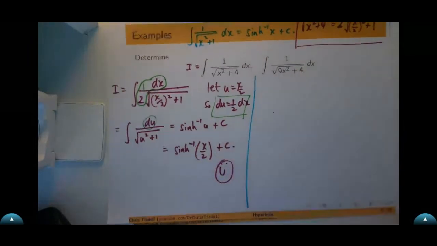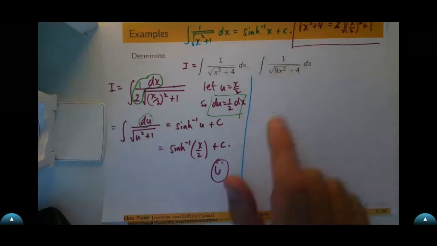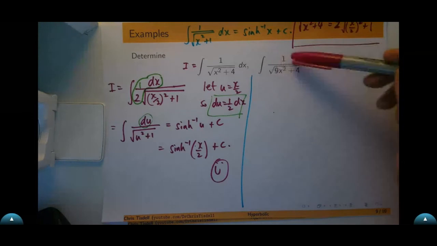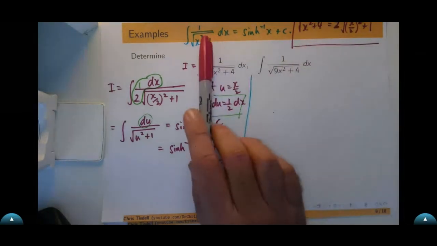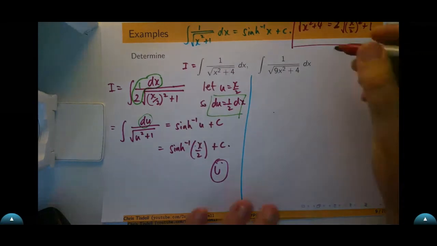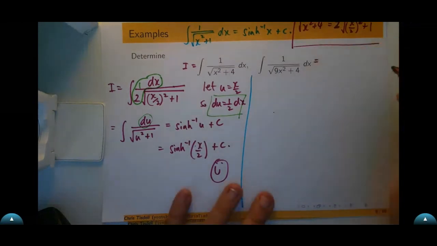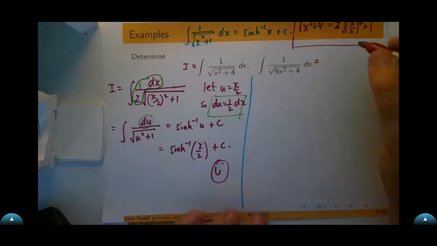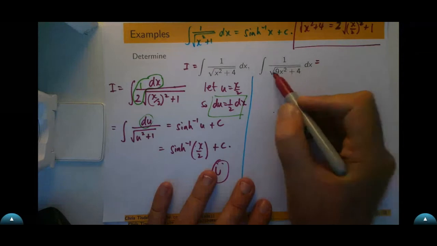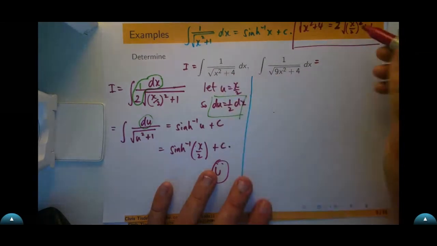So with this one, how might we rearrange this to get something like that? The way I would do it, and you can just do this using a little bit of algebra, is you take the 4 and you divide it in there, just like we did over here.